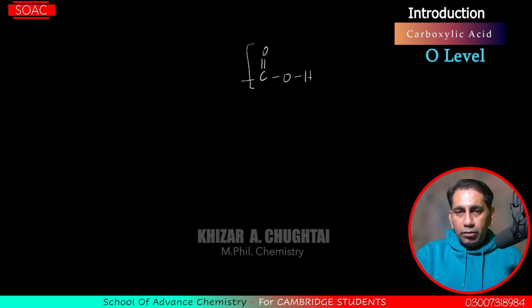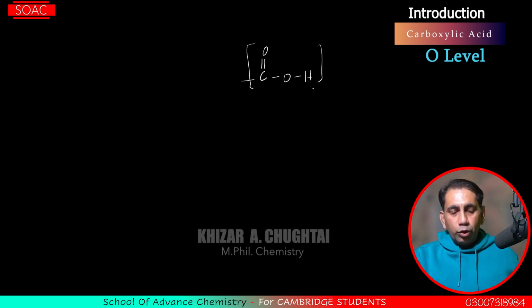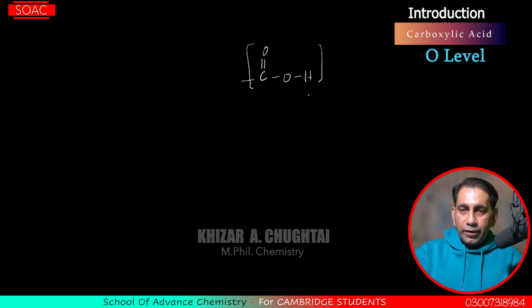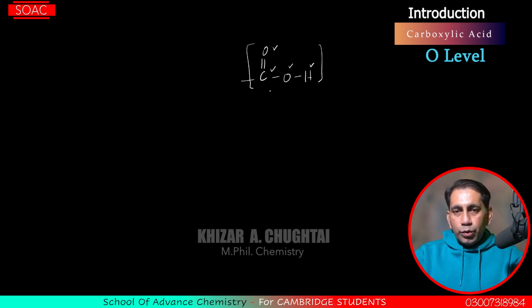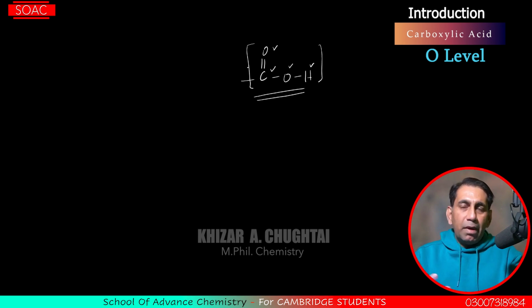Any organic compound that has this O, double bond C, single bond O, H group, this whole group is known as the carboxylic group. If it is hosting this carboxylic group, it is known as a carboxylic acid. It will be a member of the carboxylic acid homologous series.